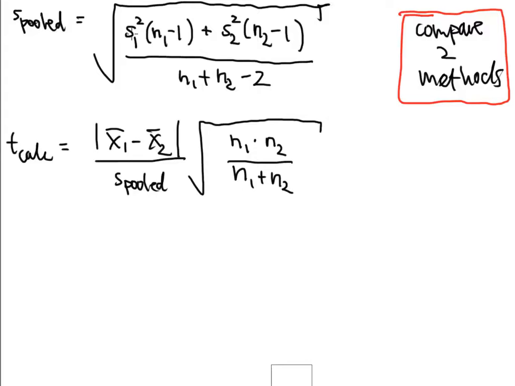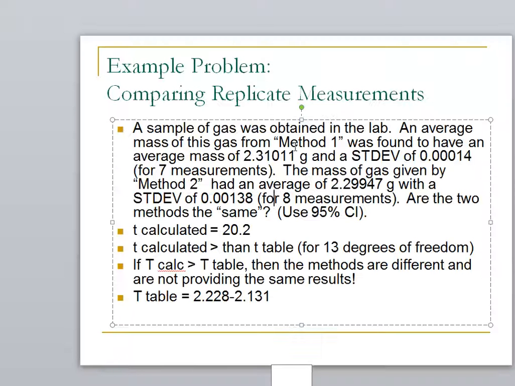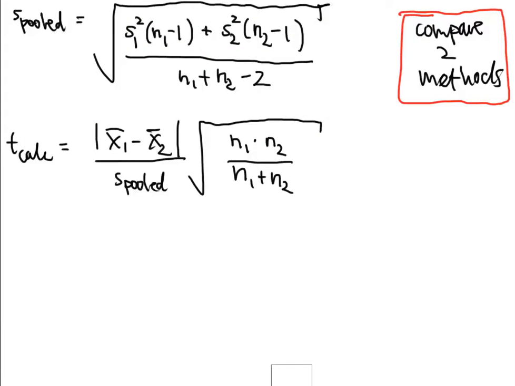So if I look at this S1 squared, this is my standard deviation for my first method. So if I go through and find it, method 1, my standard deviation was 0.0014 is what that was. So I'm going to erase this, and I'm going to put 0.00014 here.